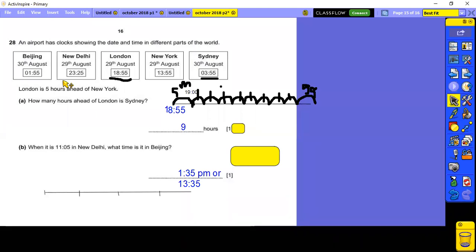Here it's the 29th of August in New Delhi, and in Beijing it's the 30th of August, right? So from 23:25 till 24, you'll find it's about 35 minutes. And then from 1 to 55, so it's about, I think, 1 hour and a half. So when you add 11:05 plus 1 hour and 30 minutes, you will find that the answer is 1:35 p.m. or 13:35. This is the best answer.